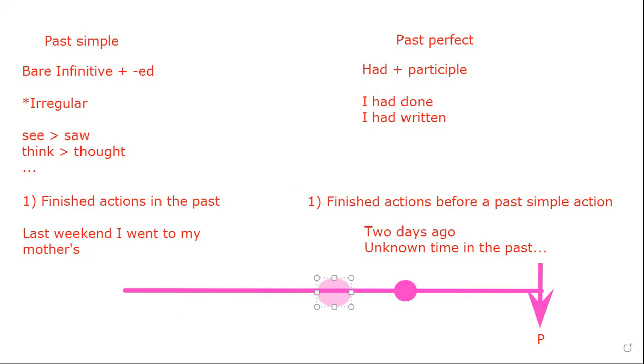It is important that you appreciate there is a slight distance between the past simple action and the past perfect action, because if we've got two past actions really close to each other, then we have to use the past simple in both. Okay, so for example, I ran over my cat and I tripped over.